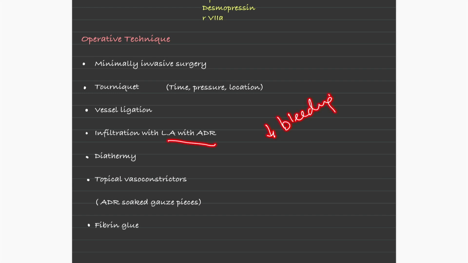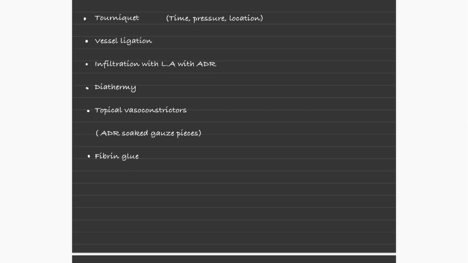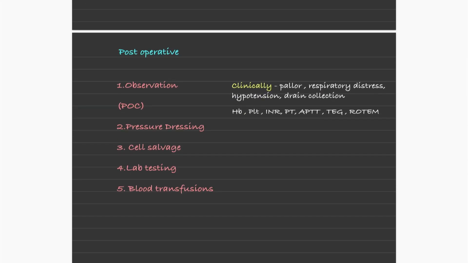This can be used in patients in whom a large surface area is used for skin grafting. Then diathermy. Diathermy is considered to decrease blood loss. Then we can use topical vasoconstrictors such as ADR soaked gauze pieces. Then we can use fibrin glue. These are the operative techniques which help in blood conservation.